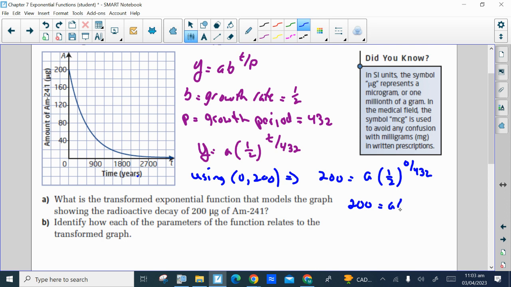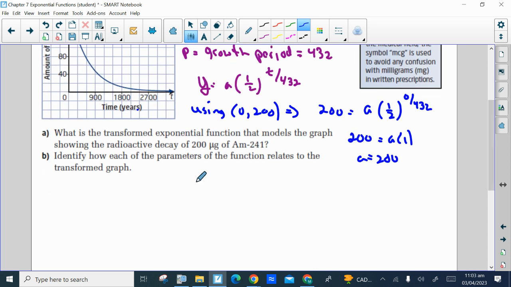So 200 will equal a times 1, or a equals 200. So now we can write our equation. It'll be y equals 200 times 1/2 to the power t over 432. And we could, if we wanted, put that equation in our calculator and check it against the graph that we have on our page, but it works. It is the correct graph.